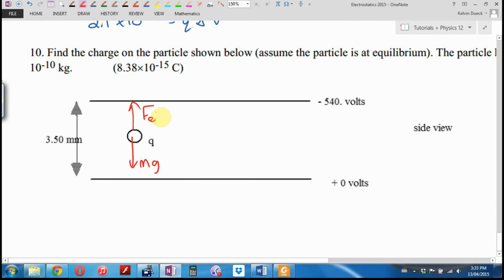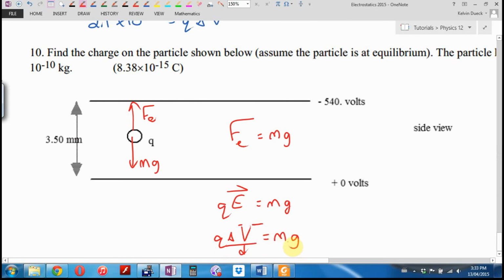Because it says it's in equilibrium, otherwise it would be accelerating down. So I can say, what is Fe? Q times the electric field. I don't know the electric field. Well, that's going to be Q change in voltage divided by distance equals mg.